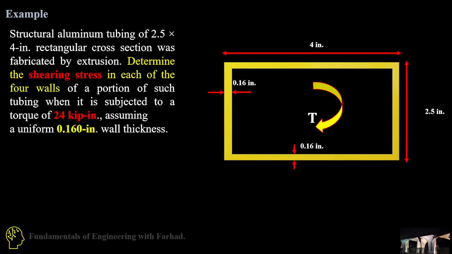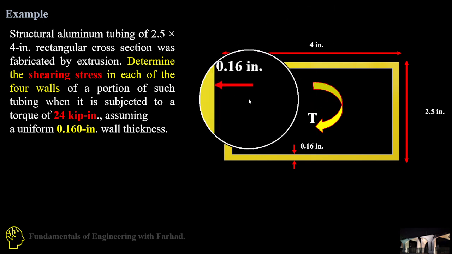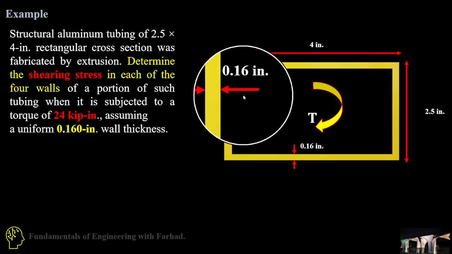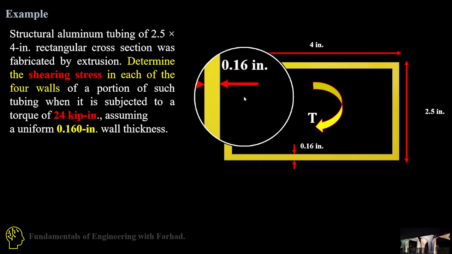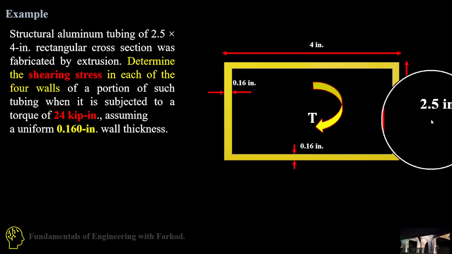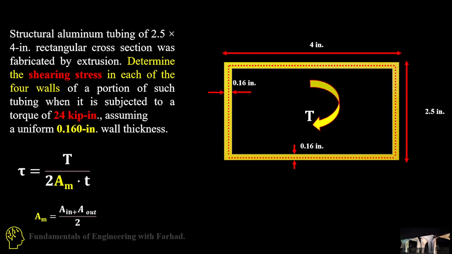We can treat it as a thin-walled hollow section because 4 or 2.5 is definitely much bigger than 10 times 0.16, which is 1.6, and the smaller dimension is 2.5. So definitely it's a thin-walled hollow section.